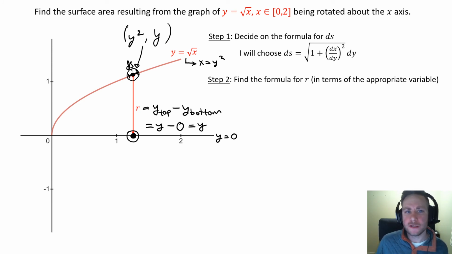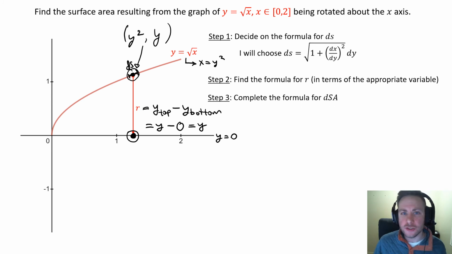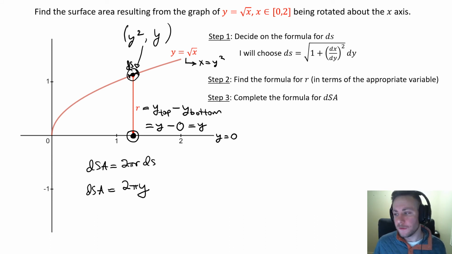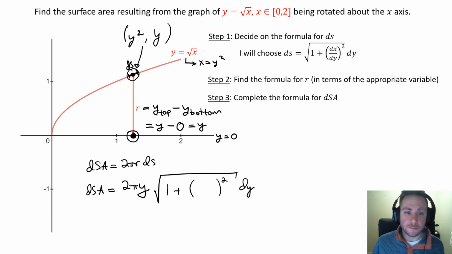With that, we're ready to complete our formula for dSA just like before. So we just saw that r is equal to y, and the formula for ds was decided at the beginning. But we still need to fill in the blank part by calculating dx over dy.